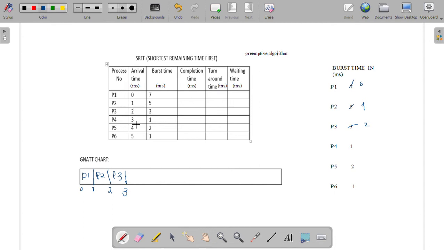At 3 milliseconds, processes P1, P2, P3, and P4 have arrived. Among them, P4 has the least burst time, so we will schedule P4 from 3 to 4 milliseconds.